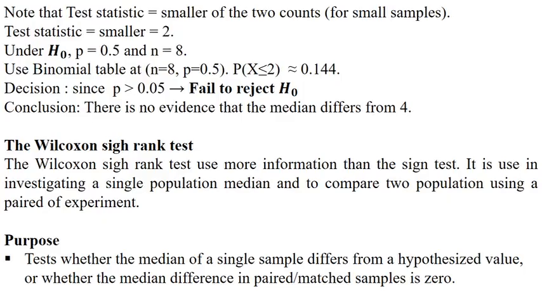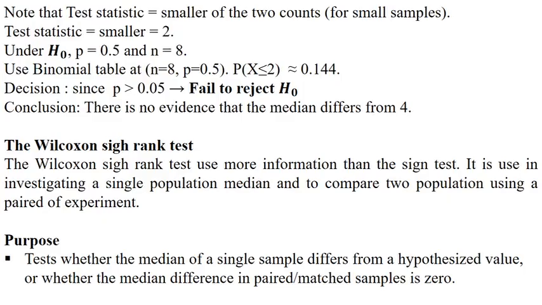Then decision. Since our p is 0.144, which is greater than 0.05, from our table, we fail to reject H0.